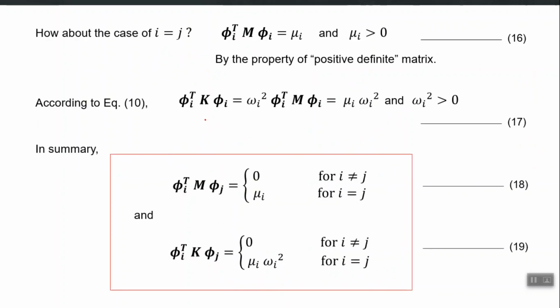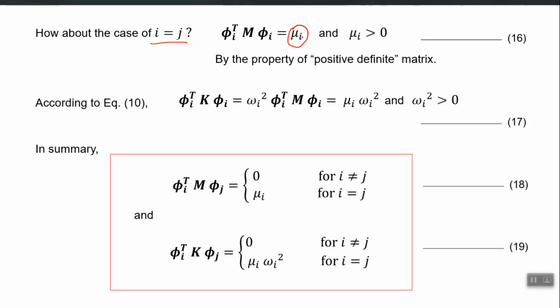So when i is equal to j, you will get some scalar quantity as a result of this multiplication. So let's call that phi i transpose into M into phi i again, let's call that scalar quantity mu i. Later we will see that this is called the modal mass of the ith mode, right?